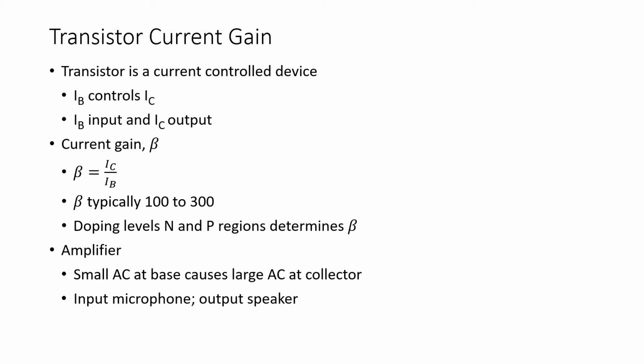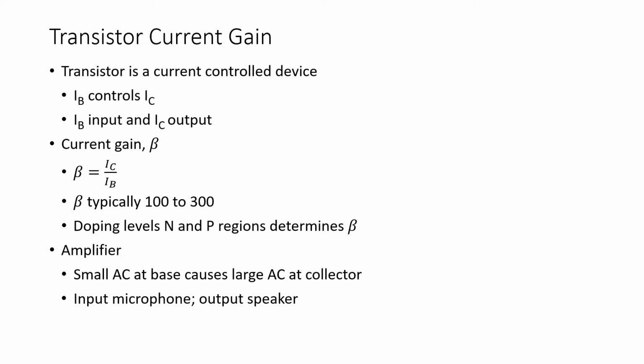Now, the primary metric or quantity that we use to discuss or describe a transistor is its forward current gain. Understand that the transistor is determined to be a current controlled device. And what this means is that the base current controls the collector current.